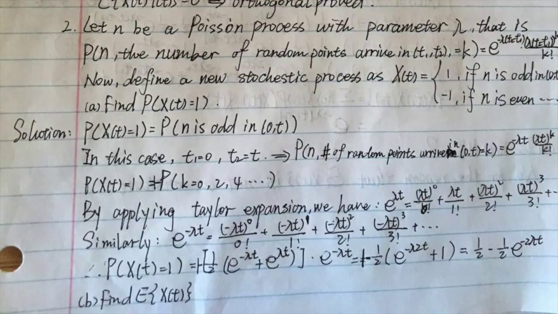By applying the Taylor expansion, we have the following equation, and similarly the Taylor expansion of e to the power minus lambda t equals that expression, and then I can just add them together and divide by 2. I can get the situation where k equals 0, 2, 4, 6, all the even numbers, and then subtract it.